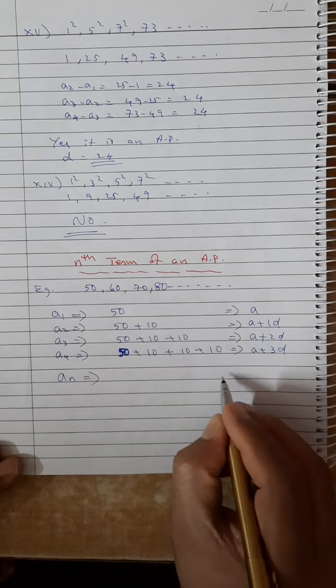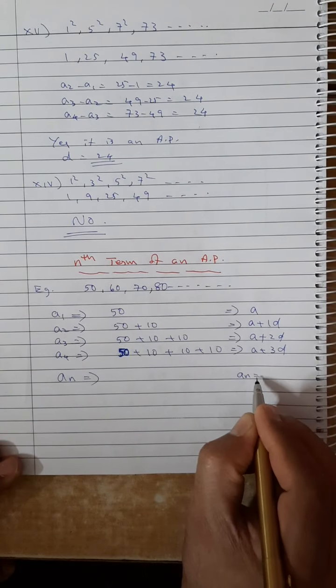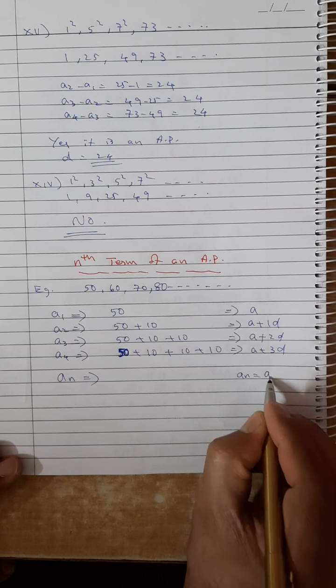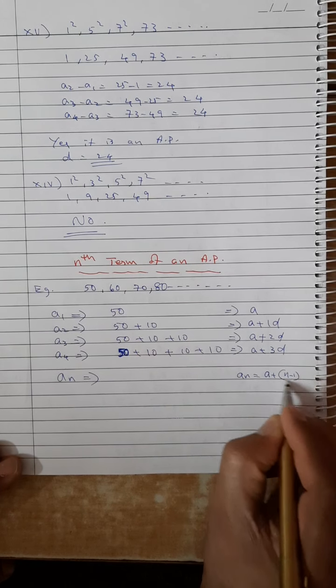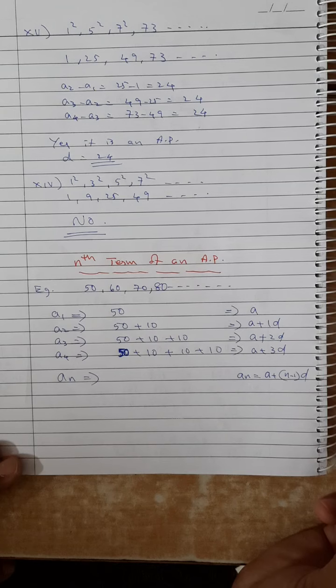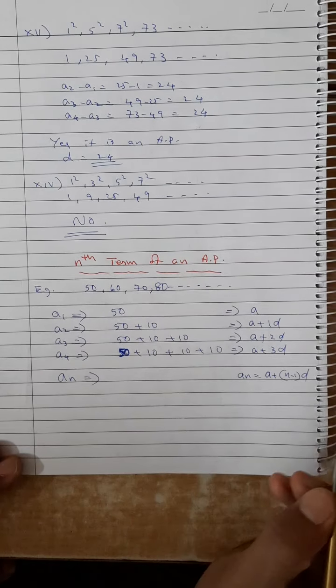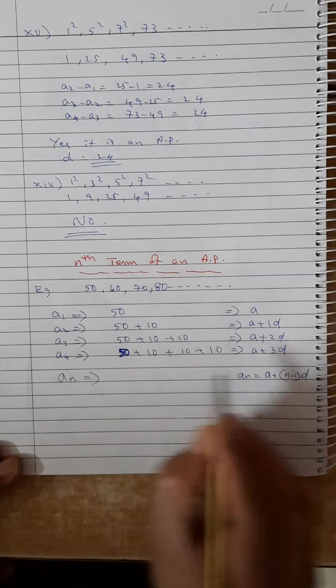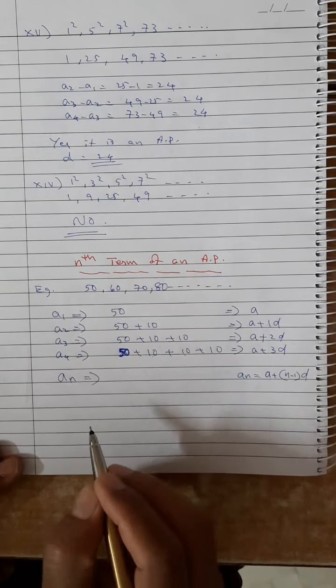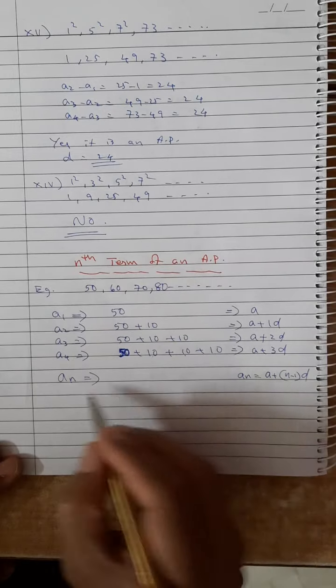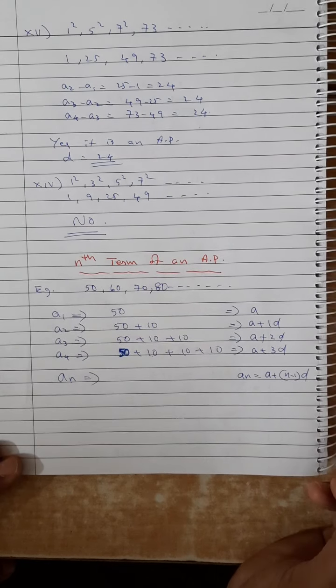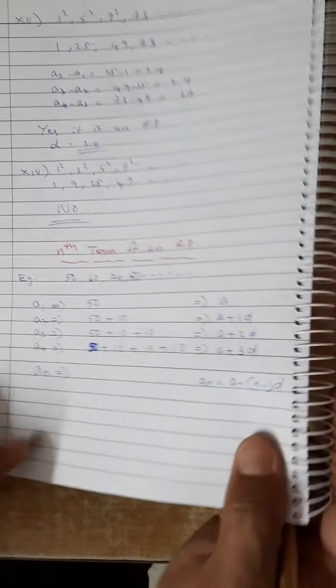Therefore an will be a plus n minus 1 into d. A10 means a plus 9d. A20 means a plus 19d. So an is a plus n minus 1 into d. This is the formula for finding an.